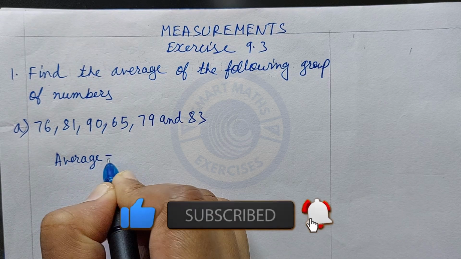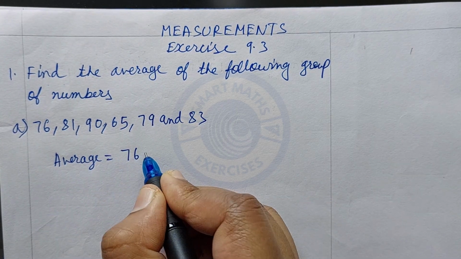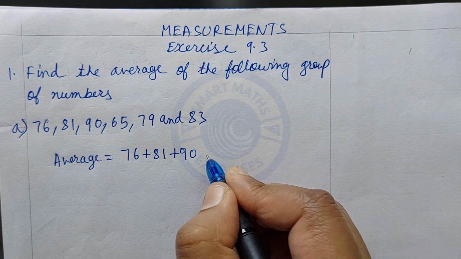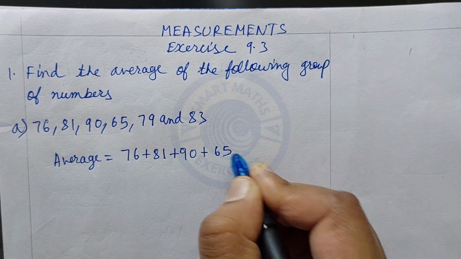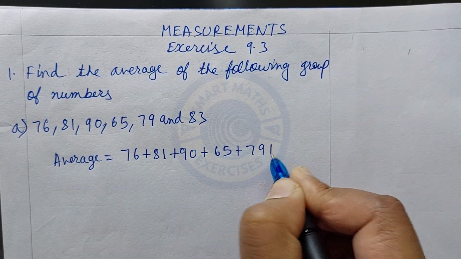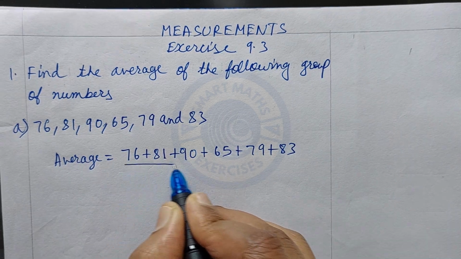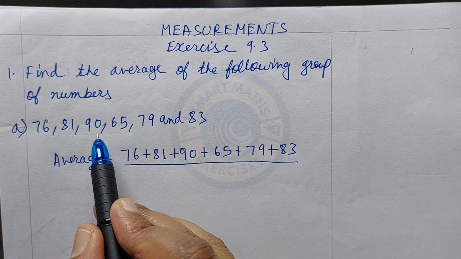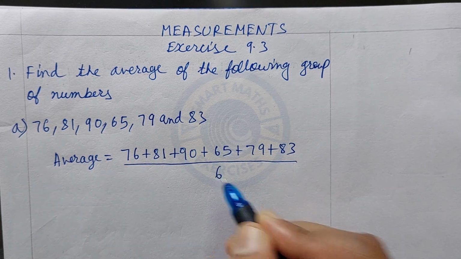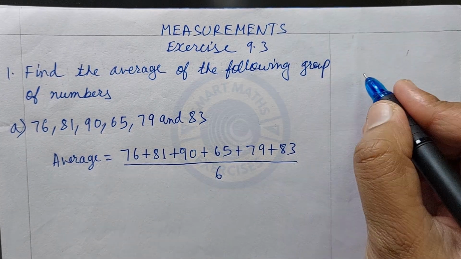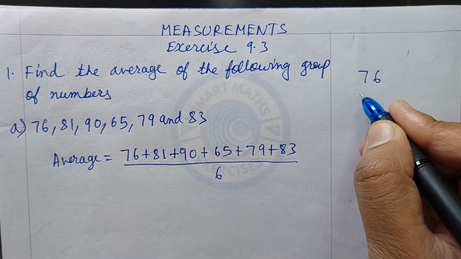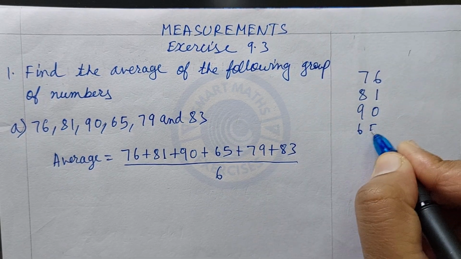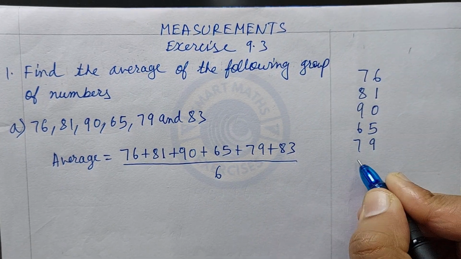Average equals 76 plus 81 plus 90 plus 65 plus 79 plus 83 divided by the number of quantities, 6. Now add all of these: 76, 81, 90, 65, 79, 83.